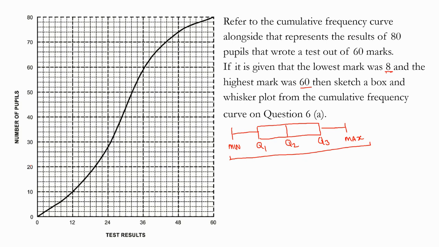That will give us the position of the median. And then 3/4 of 80 will give us the position of the upper quartile, okay? Right. And then once we get the position, we can read from the graph. We have to interpolate and get our lower quartile, median, and upper quartile.